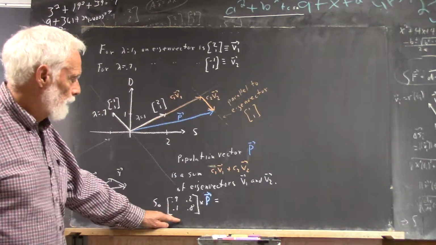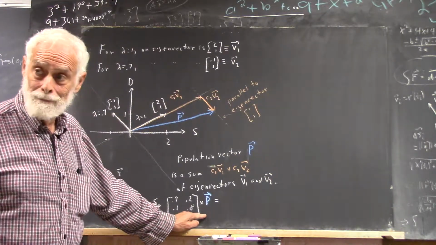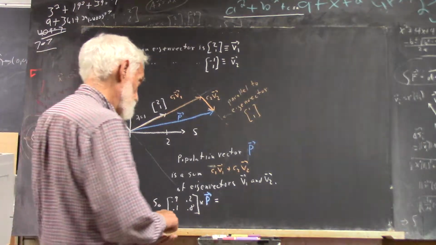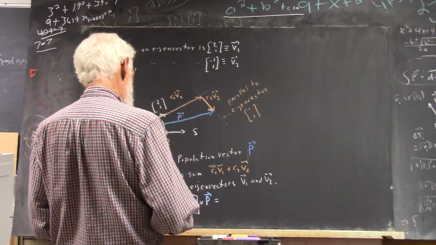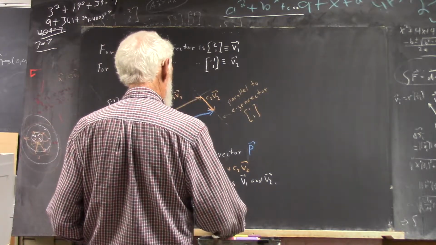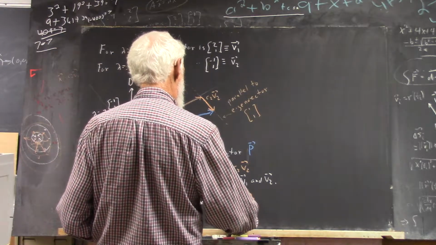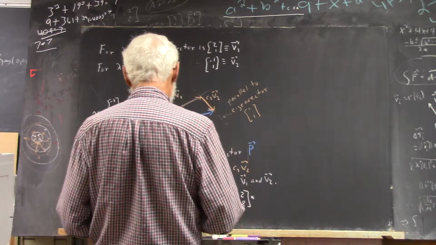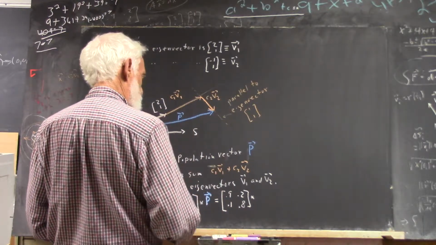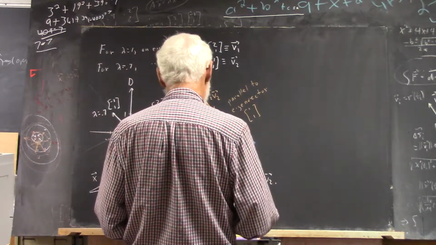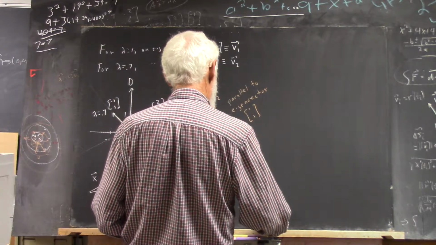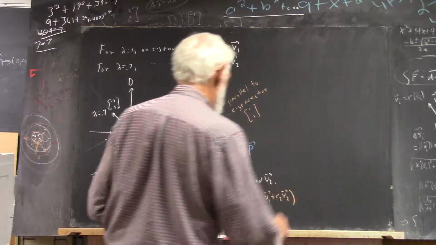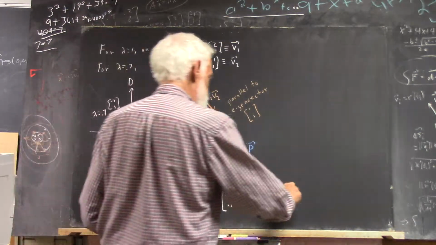if I multiply this by P, that's a transition, right? That equals this.